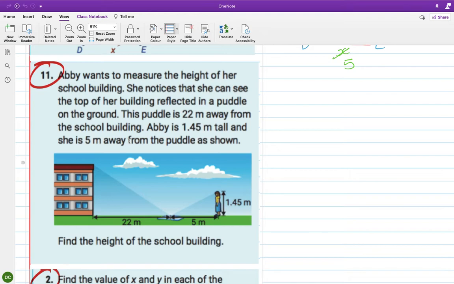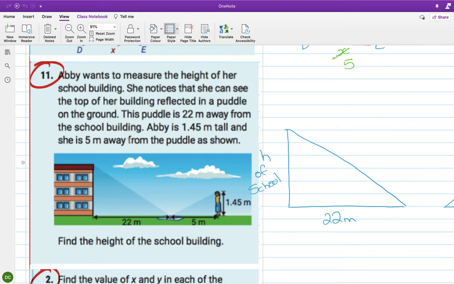Okay, so I'm going to draw them again. I know they're there, but this here is the height of the school, which we don't know. This is 22 meters. And then we have the Abby triangle.